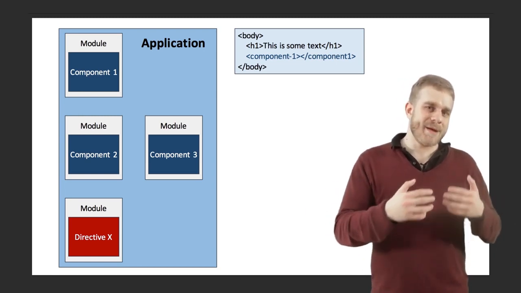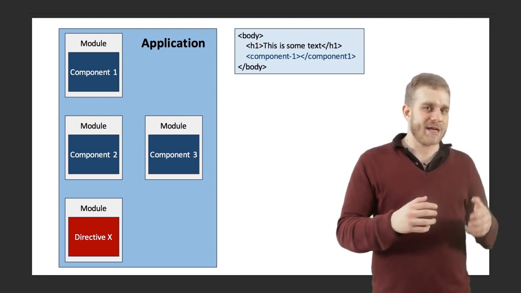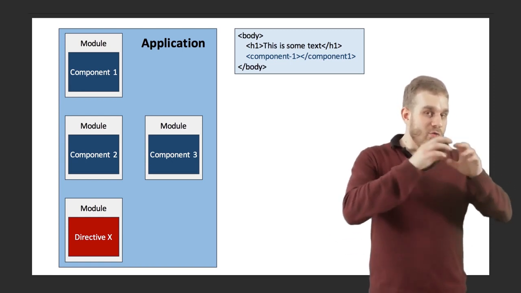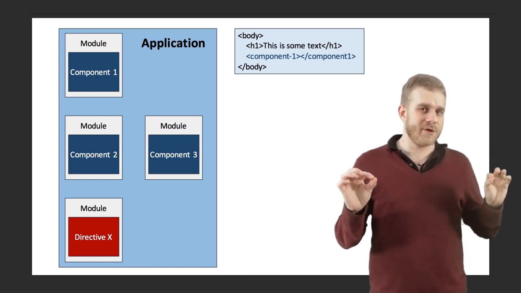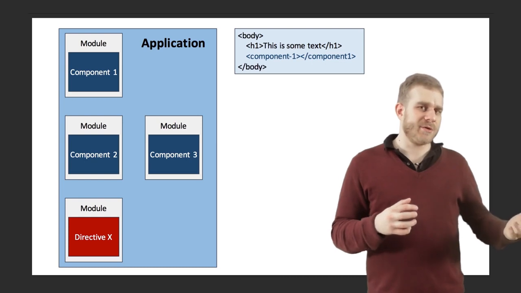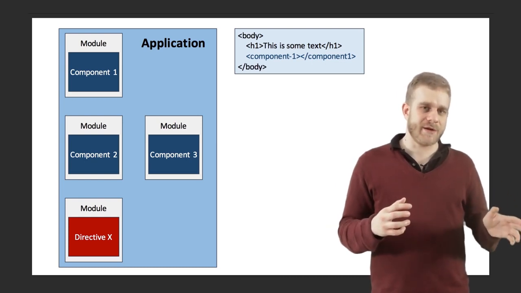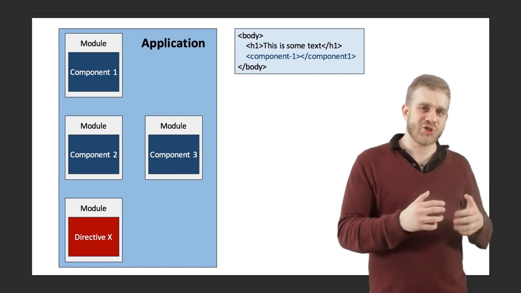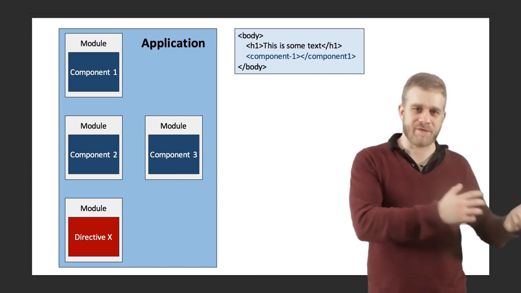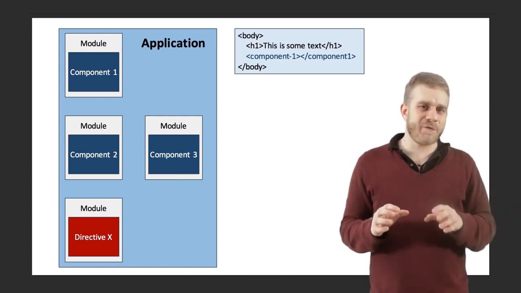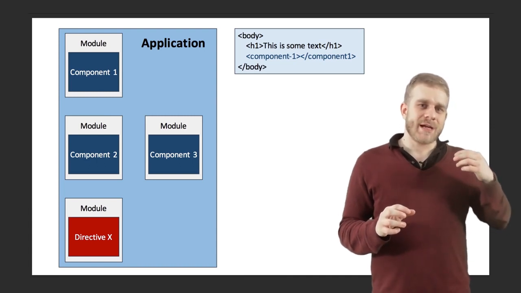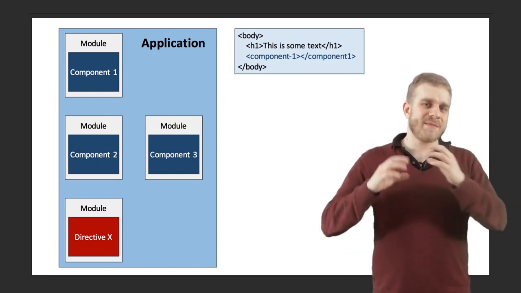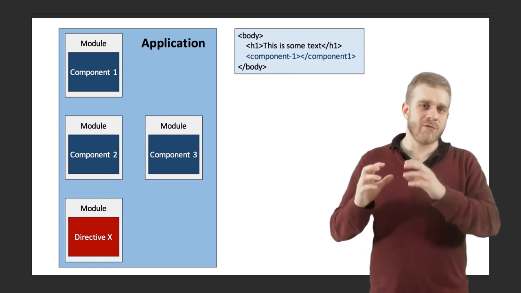Now, we embed components in the code, and when Angular 2 runs over this line of code, it will know, okay, that's a component, I have to insert something there. That something will be the view attached to a component or the template of that component. And that is why components are a directive, but they are a special directive, a directive which holds a view.